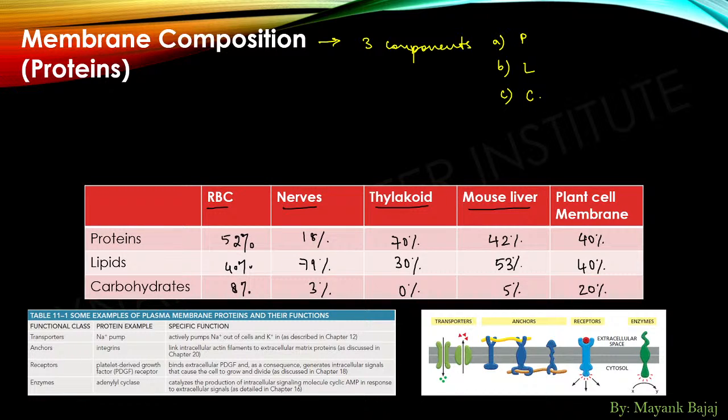So as we can see, there is an enormous difference in membrane composition between different cell types, right? Every membrane has a particular function, because of which the ratio of protein, lipid, and carbohydrate differs, and in the membrane there is an asymmetry, right?